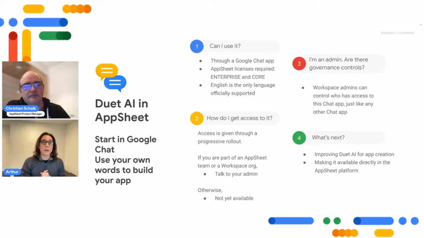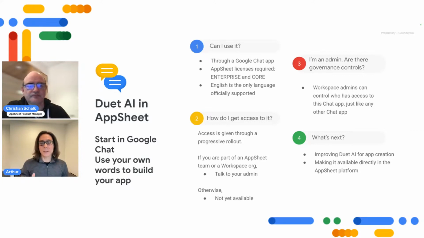Back in August, AppSheet opened core licenses to pretty much all workspace customers. There are a couple of SKUs that don't have access to it. Depending on your SKU, the odds are you do have access to AppSheet with core licenses, and therefore will be able to use Duet AI at no cost.